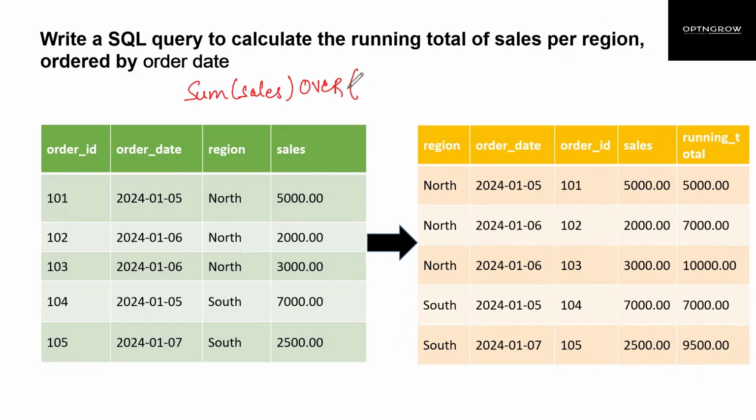The first thing is that the window is of different regions, so I'm going to say partition by region. The next thing is that we are also going to order by the order date.